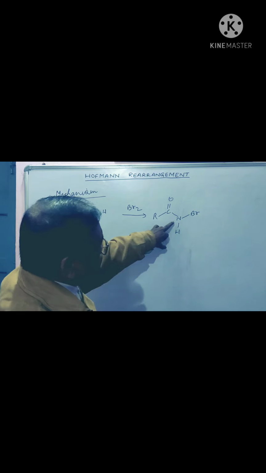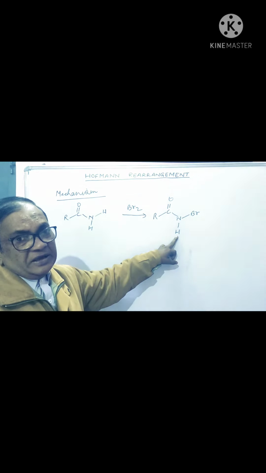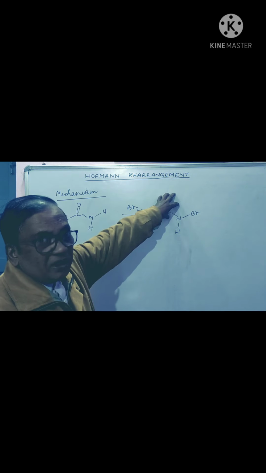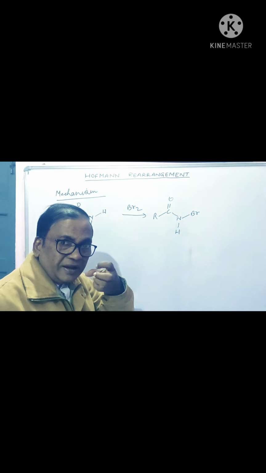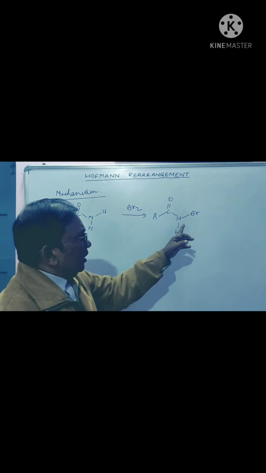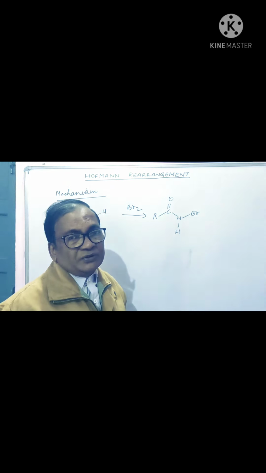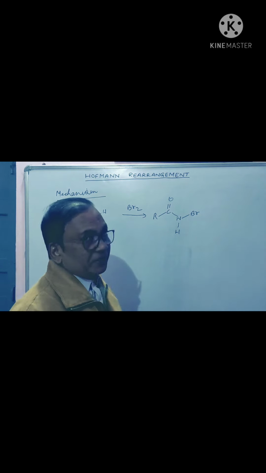Now this hydrogen will be acidic because this carbonyl group is electron withdrawing group, and this bromine is also electron withdrawing group. It is electronegative element.